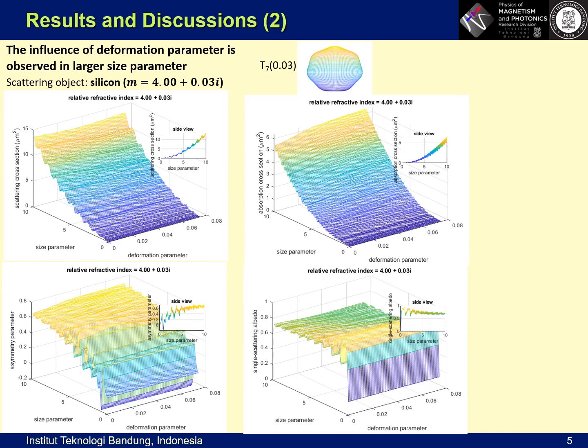We also found that the influence of deformation parameter is observed in larger size parameter. In these plots, we use the properties of silicon as the scattering object. We can clearly see that when deformation parameter and size parameter increase, the deviation from the spherical particles is higher.